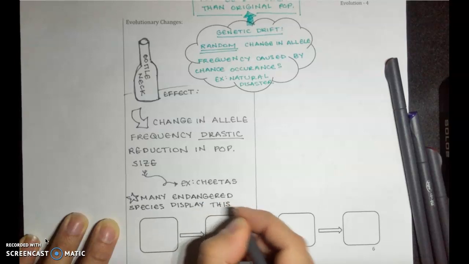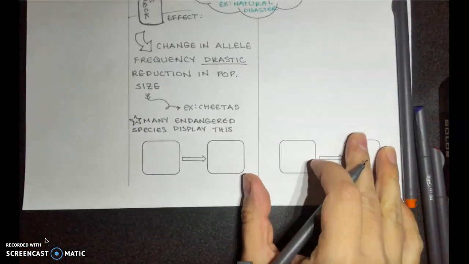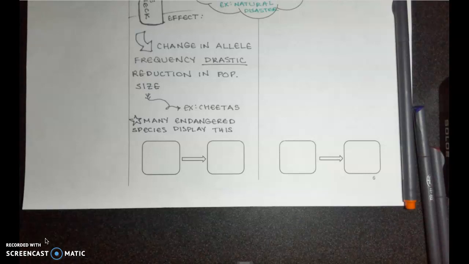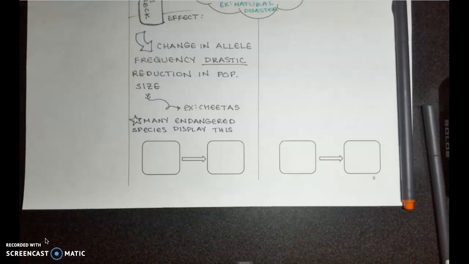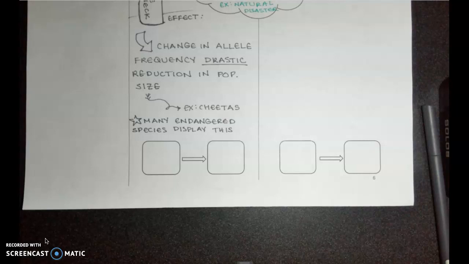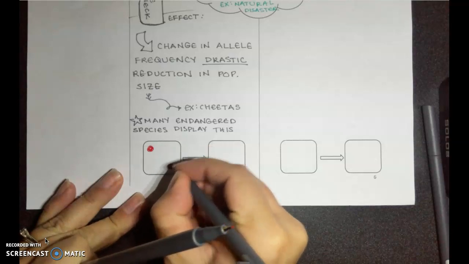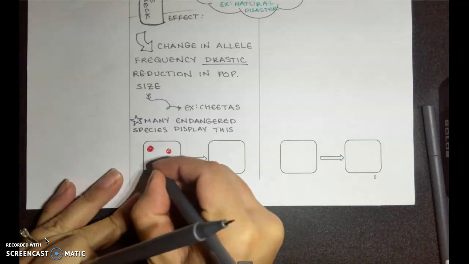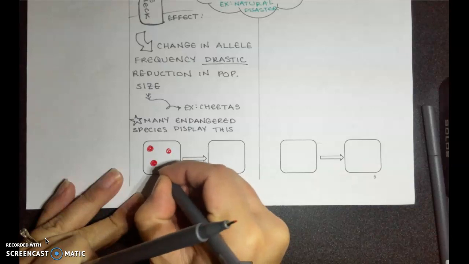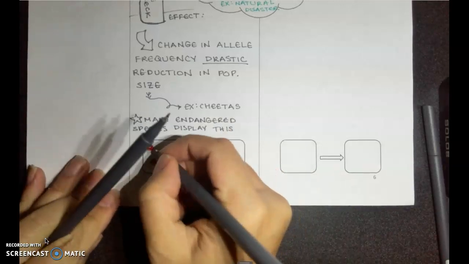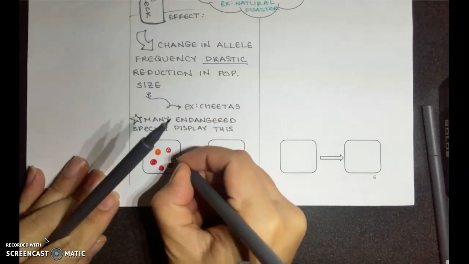If we were to take a look at what this might look like, I think it would be easier to think about it in terms of a storyboard. So for example, maybe we have two alleles that we're going to focus on in a population. We have our organisms that display the red allele, and then organisms that display the second, which is an orange allele.